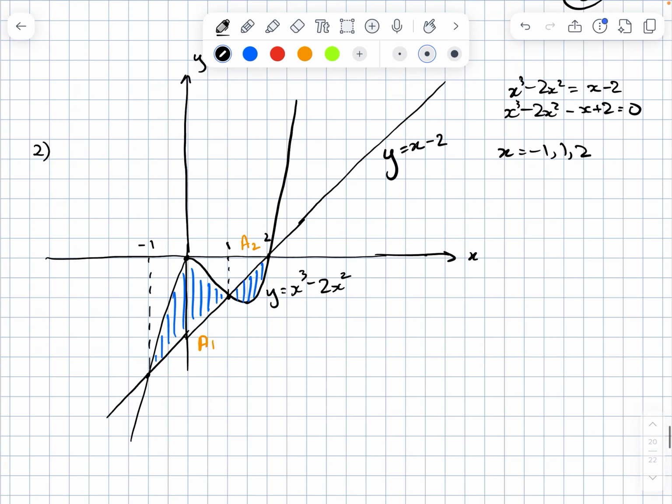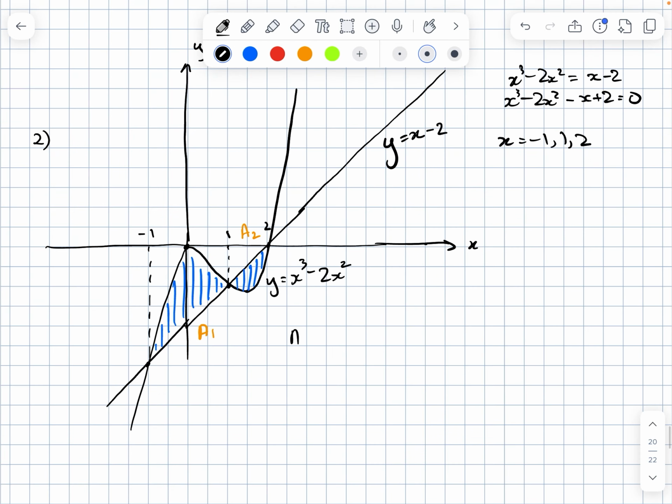So in terms of areas, A1 is going to equal the integral between -1 and 1 of the cubic on top, so that's x cubed minus 2x squared, and the straight line is on the bottom, x minus 2, which gives us the integral between -1 and 1 of x cubed minus 2x squared minus x plus 2.